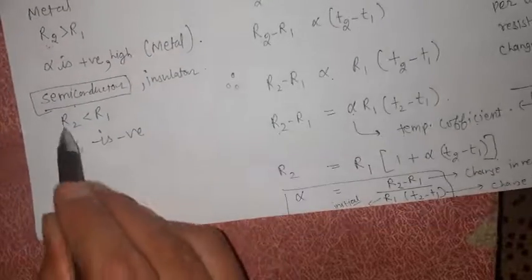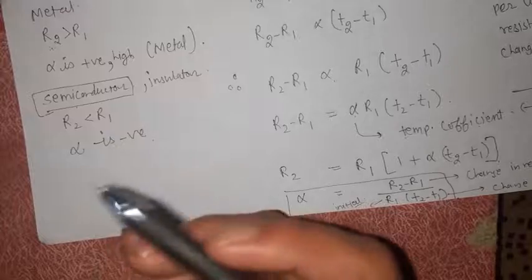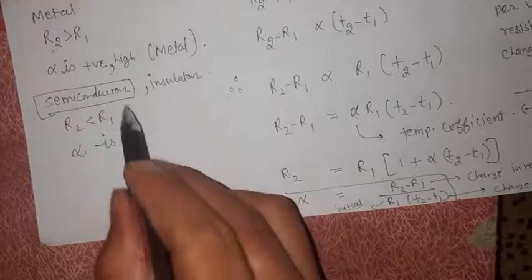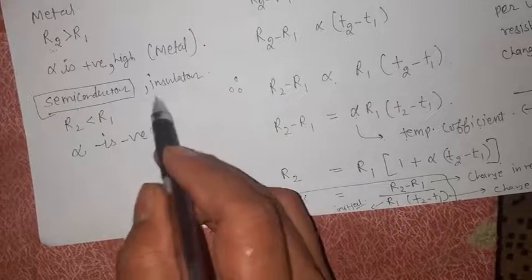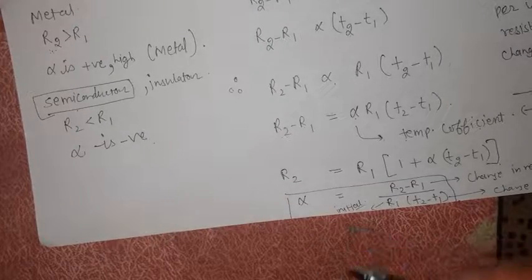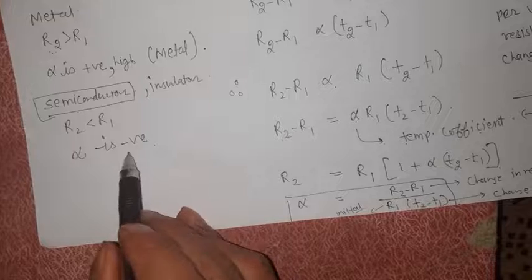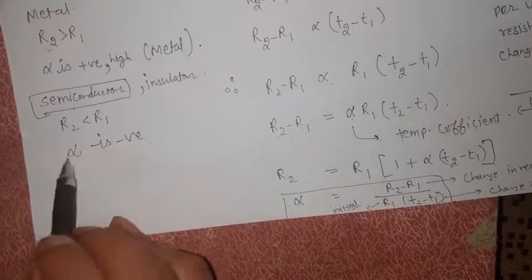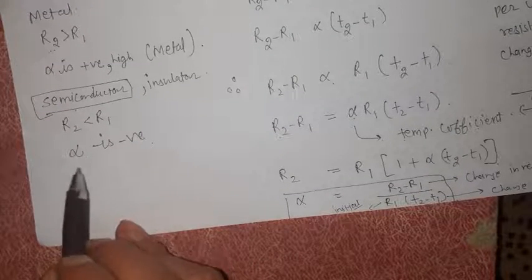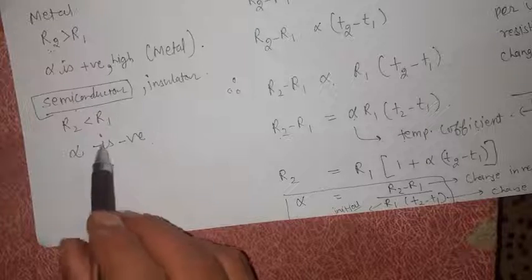It means that with an increase in temperature, the temperature coefficient of semiconductors and insulators becomes negative. That means their resistance decreases with the rise of temperature.